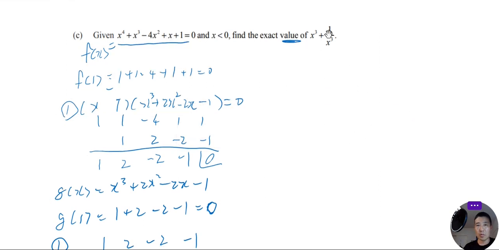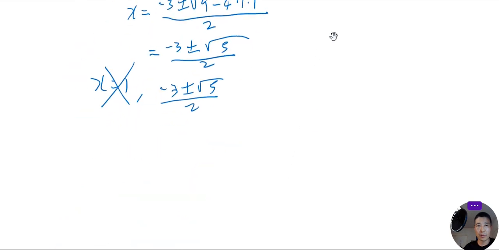So our aim is x cubed plus 1 over x cubed. So I'm doing negative 3 plus square root of 5 over 2, and then I'm going to cube that number, and then plus 1 over the answer.